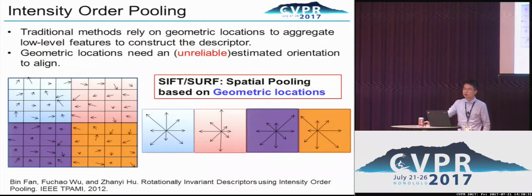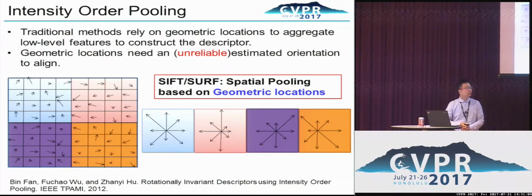Besides using nonlinear scale space, using intensity orders for feature description has proven to be effective in the past years. At the core of this intensity order-based method is a feature pooling method based on intensity orders. Traditional methods, such as SIFT and SURF, have to rely on geometric locations to aggregate low-level features to construct the descriptor.